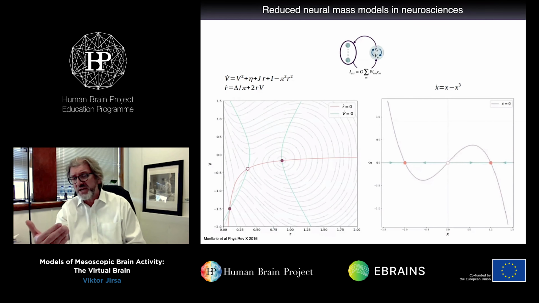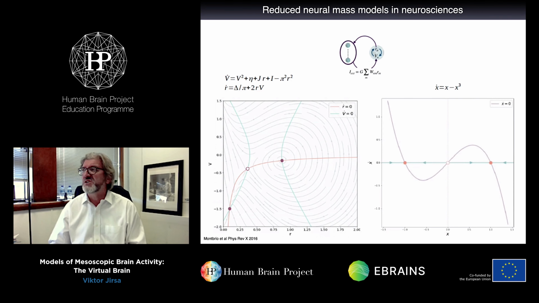Let me connect it back to neuroscience, because this is actually what we can do. When we go to neural mass systems, neural masses are population equations that are derived from the application of mean field theory. This morning, you had some lectures on spiking neuron networks. Action potentials are fired, and they obey a particular statistics.